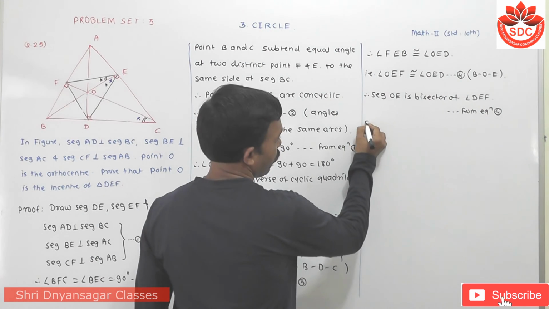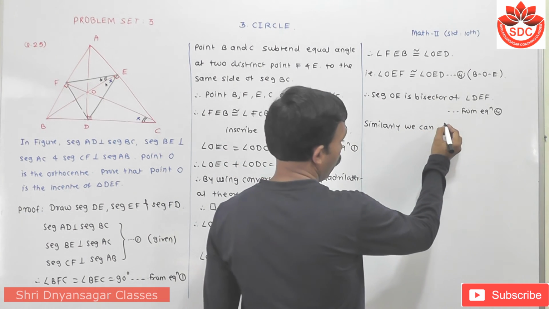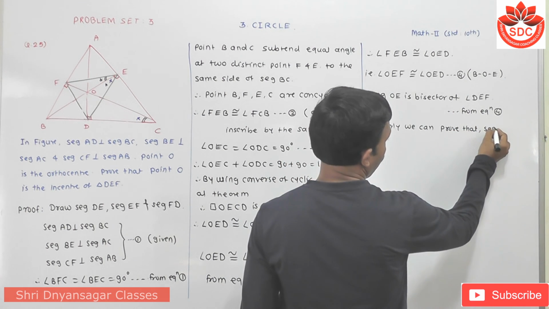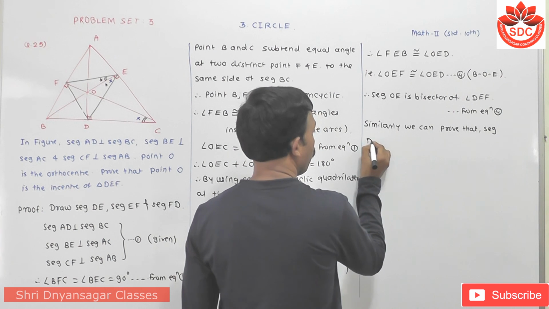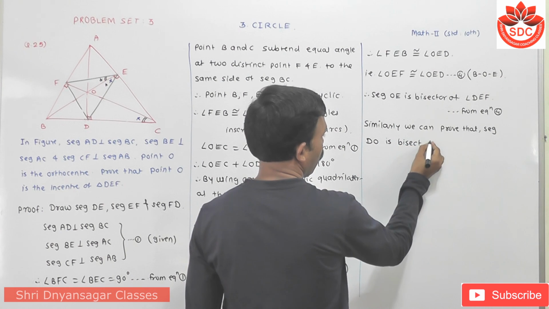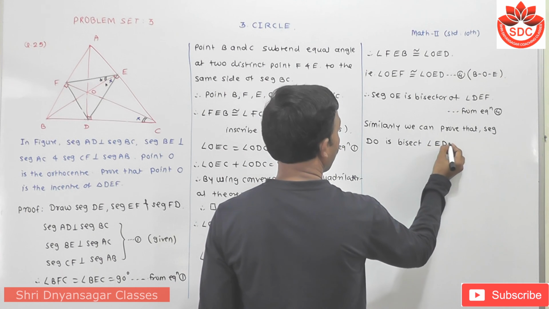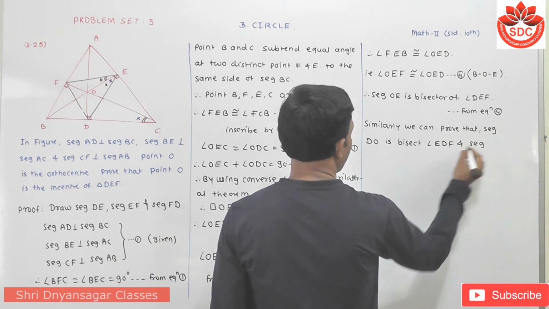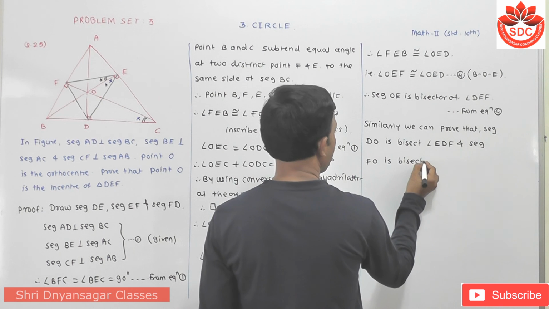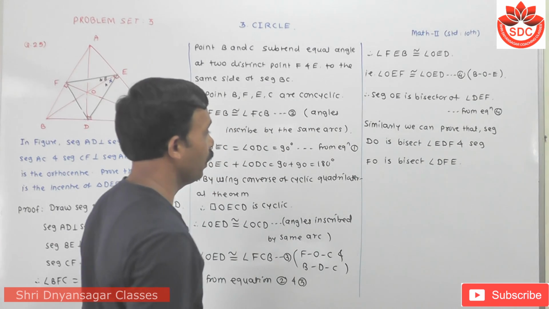So, I will write similarly, we can prove that segment DO bisects angle EDF and segment FO bisects angle DFE.